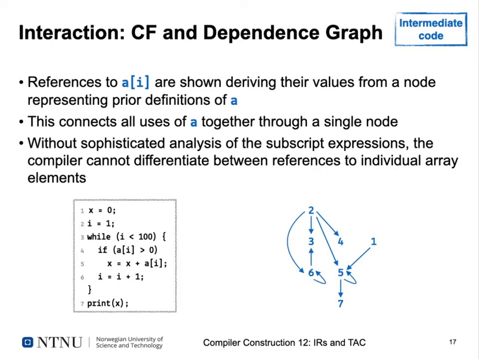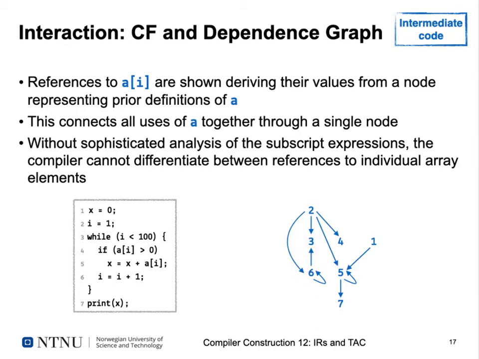So what other dependencies show up here? Now we look at backward dependencies. Whenever we execute our loop one more time, we reuse the values from the previous loop iteration. So for example, if we increment I here in line 6 and go up here again, we reuse this updated value of I to check the value of I in the loop. So we have this edge here in our graph.